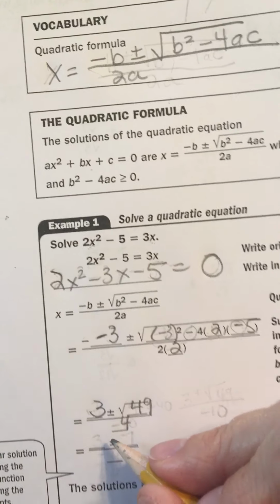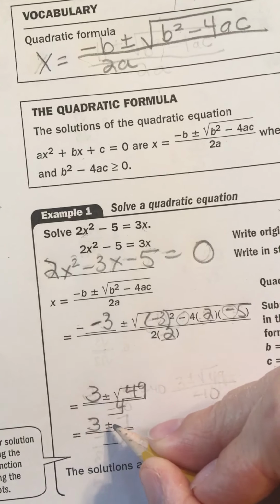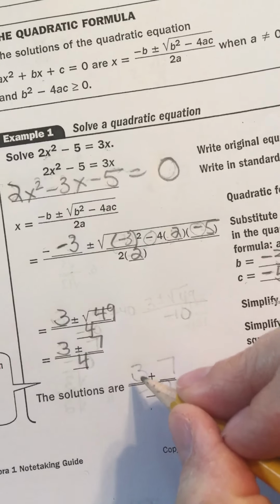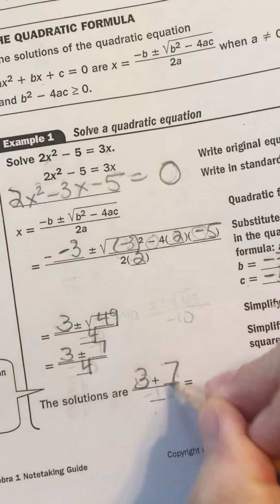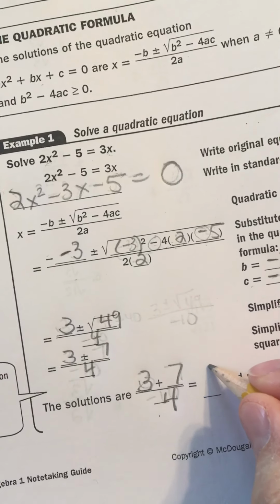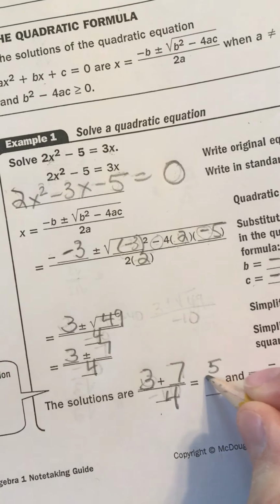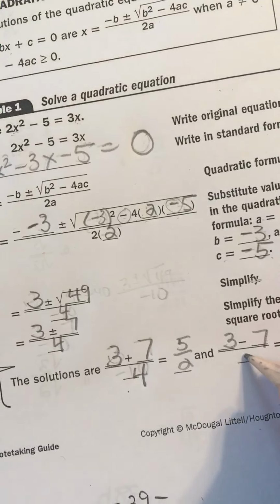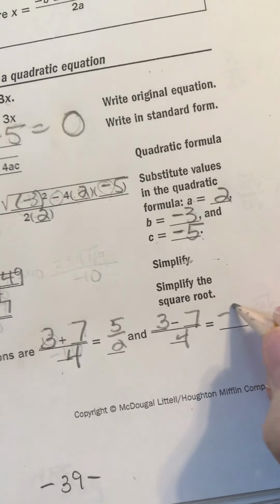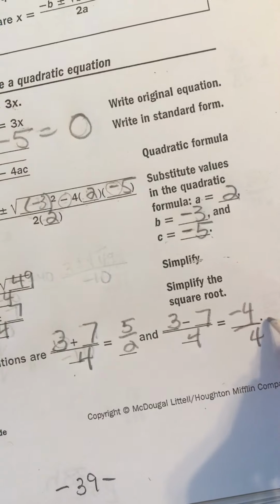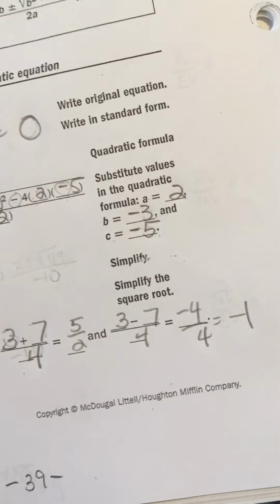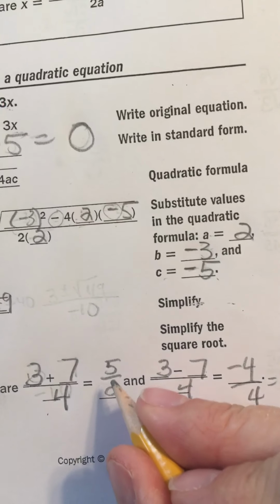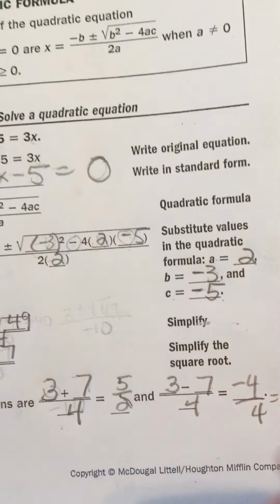Now the square root of 49 is 7, so 3 plus or minus 7 all over 4. So that's 3 plus 7 all over 4, which is 10/4 or 5/2, or 3 minus 7 over 4, which is negative 4 over 4, which is negative 1. So we get two answers, 5/2 or negative 1.